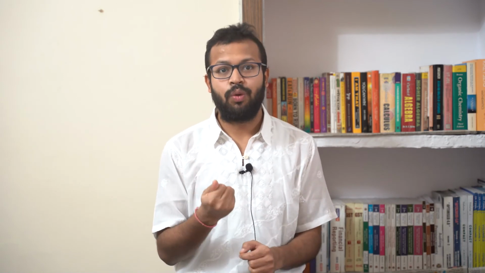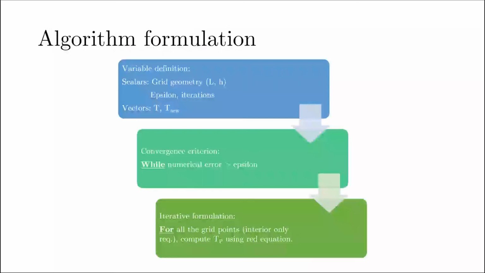So rather than going directly into the coding part, let me quickly describe what the algorithm would be like. So the first step, like always, would be about the variable definitions. So in this case, you would define certain scalars again, that is the grid geometry, the epsilon, the tolerance of the error that you want, and the number of iterations if you want to keep track of how many iterations it would take for the code to actually converge.